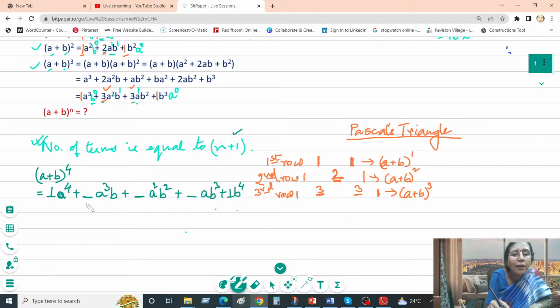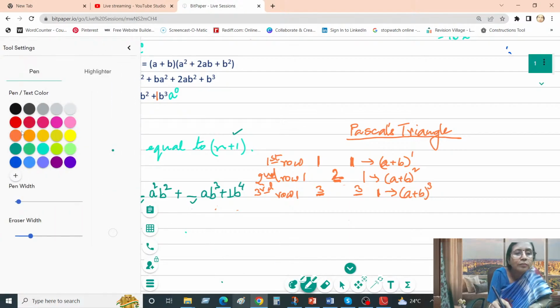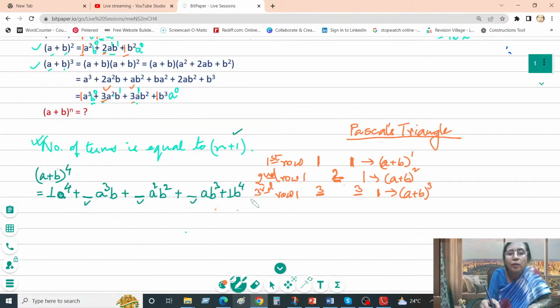So now we have to find out the values of these. What should we be writing in these three positions? So we need the fourth row. Let me just start from a little before.